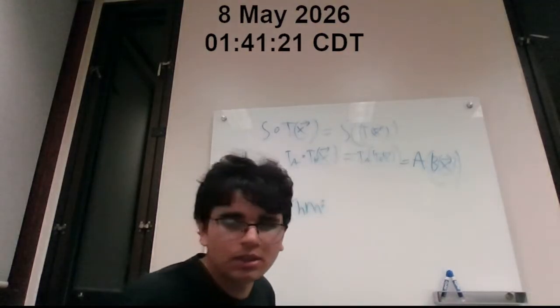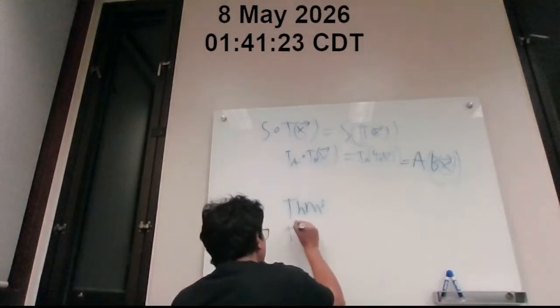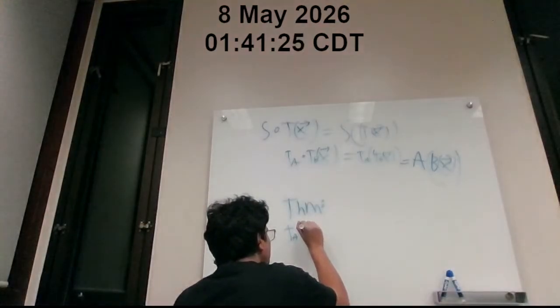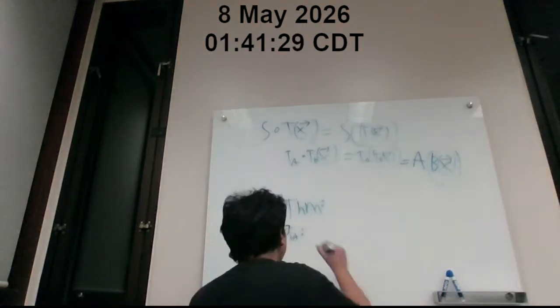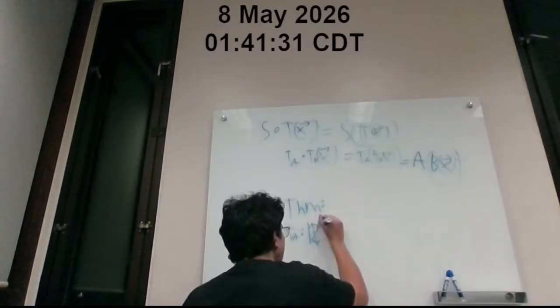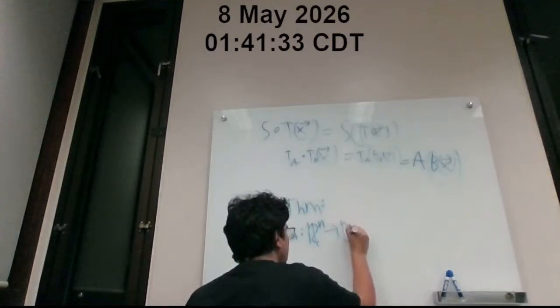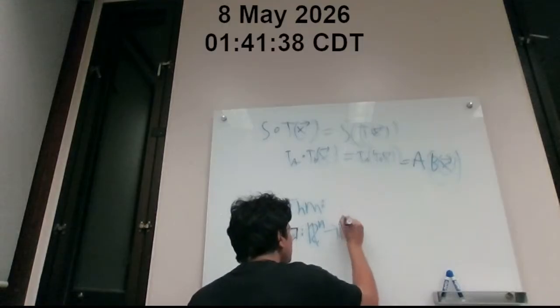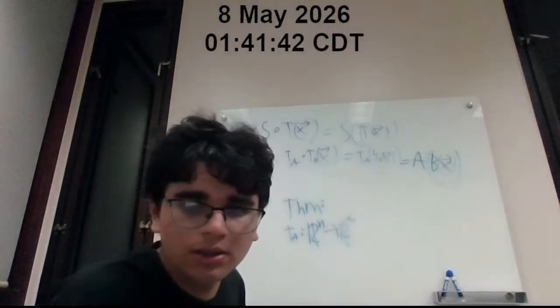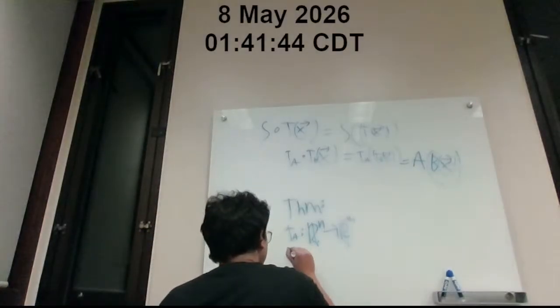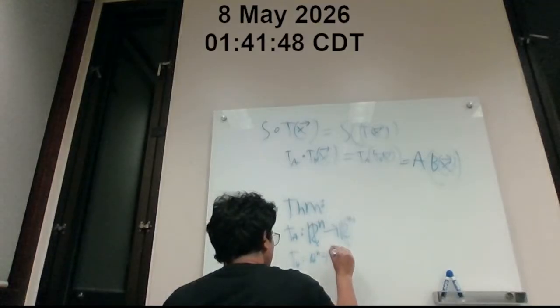So, if transform of A goes from R^n to R^n, and transform of B is also the same thing, so it's R^n to R^n, right?